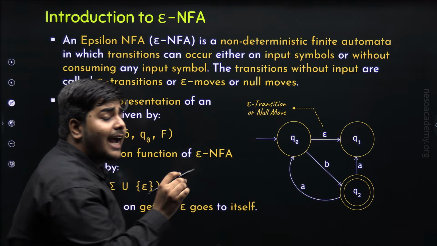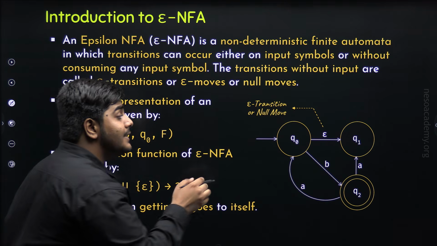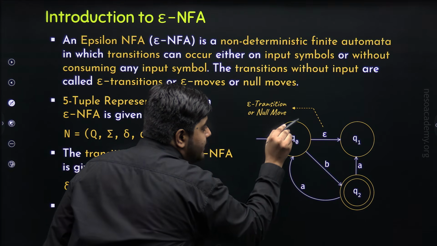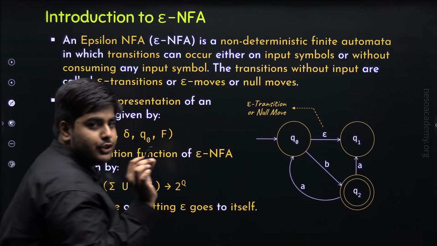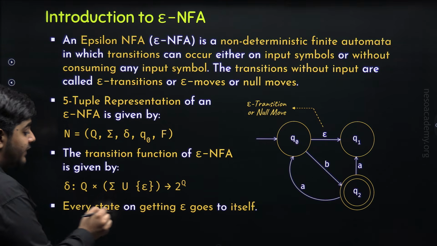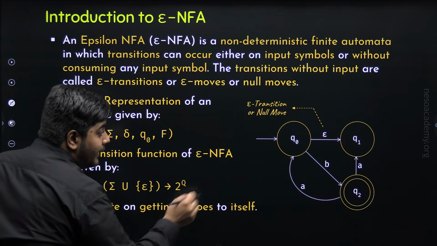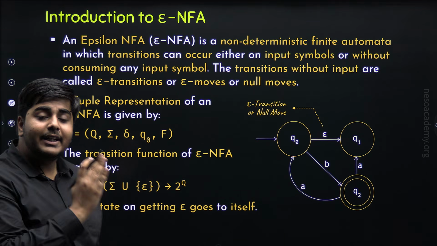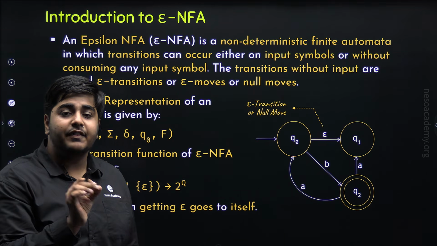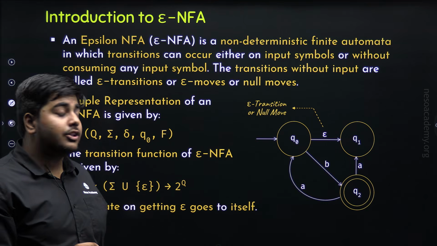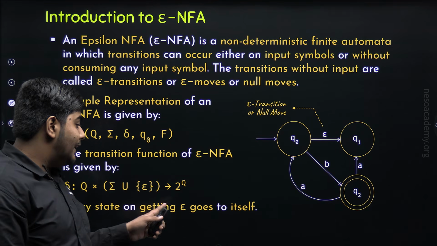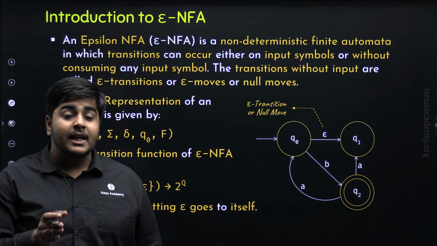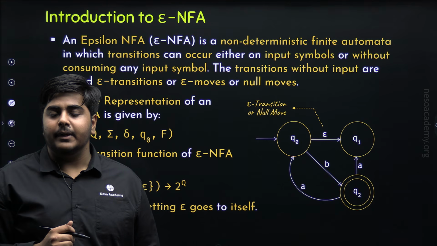So it is implicit and we do not need to draw a self loop over the state q0 to show the epsilon transition towards itself. So you have to remember that every state on getting epsilon goes to itself. I hope the formal definition of epsilon-NFA, the 5-tuple representation, the transition function, and this point are now clear to you. Now we will discuss the need of epsilon-NFA.